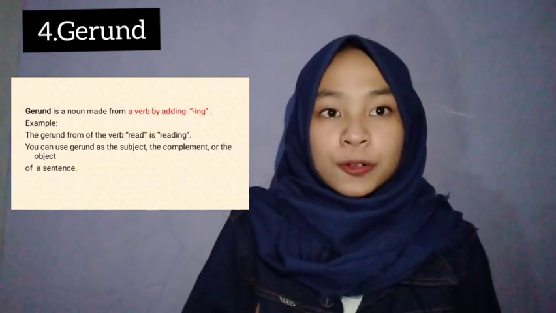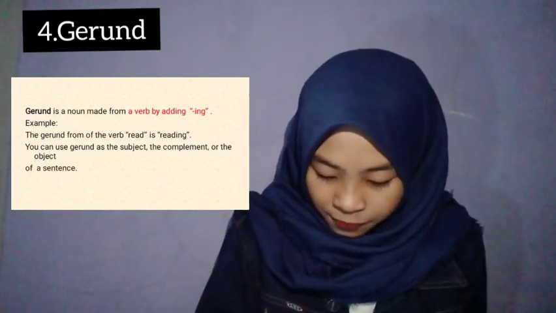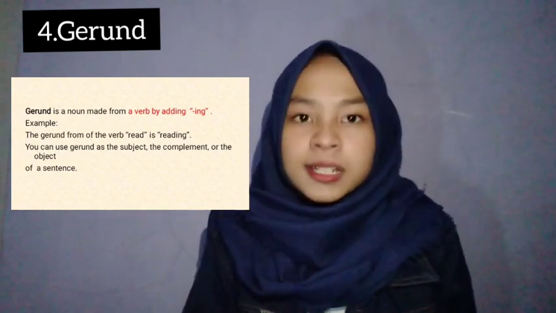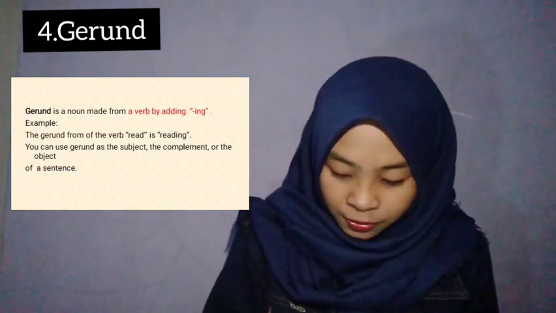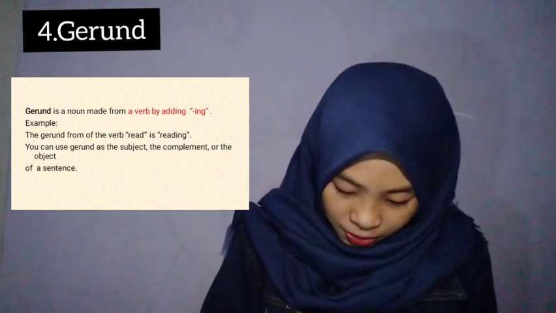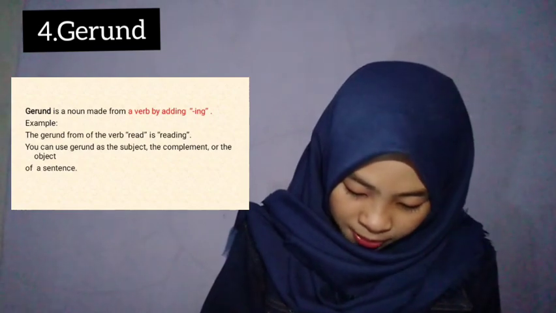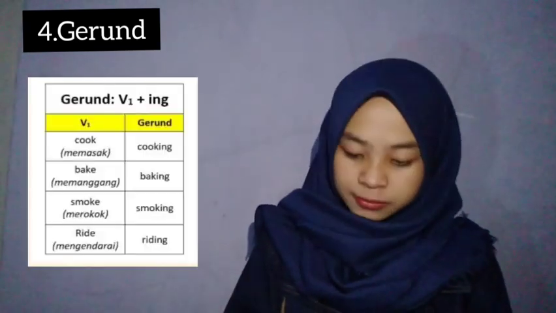Number 4, next, gerund. Gerund is a noun made from a verb by adding ing. The example: the gerund from the verb read is reading. You can use a gerund as the subject, the complement, or the object of a sentence. This is the table of gerund.